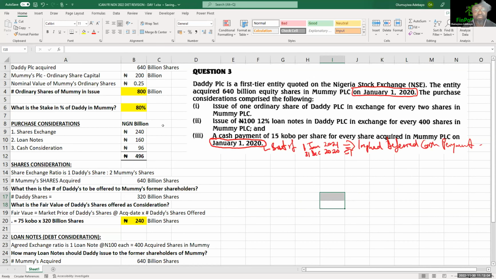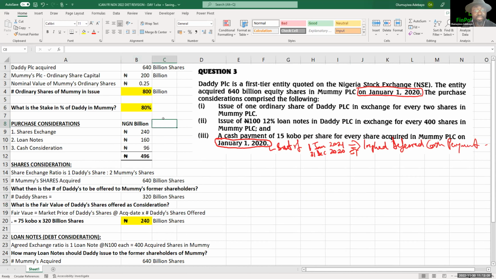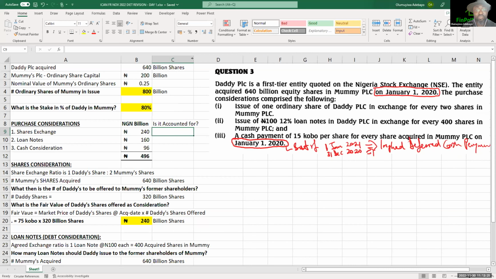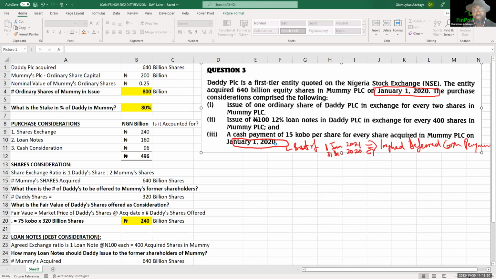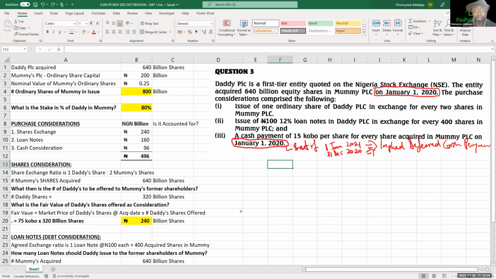Now there's a problem. The problem is this question. Is it accounted for? And what is it accounted for?